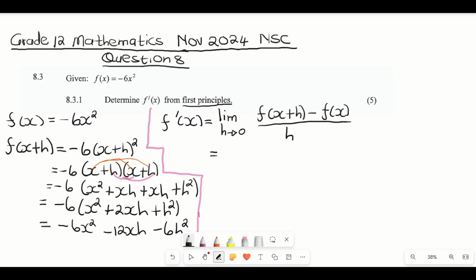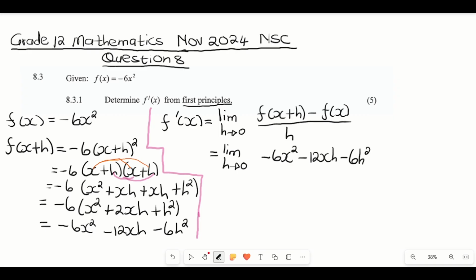So we're gonna write equals the limit as h approaches 0, and then instead of writing f of x plus h, we're gonna write what we worked it out as, and it's minus 6x squared minus 12xh minus 6h squared, minus, then we have minus f of x.